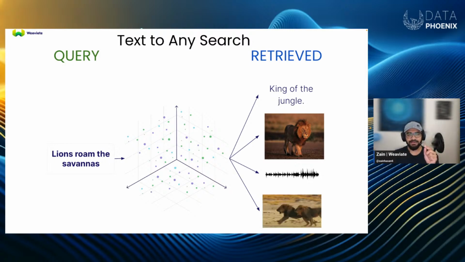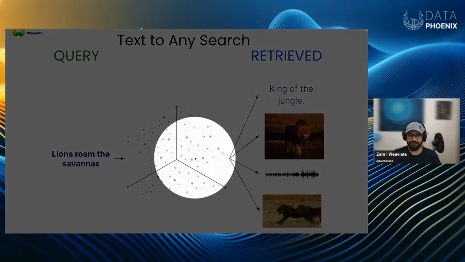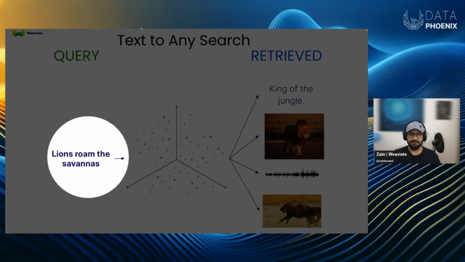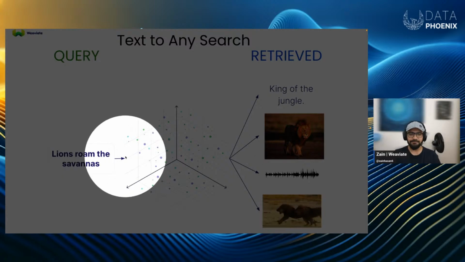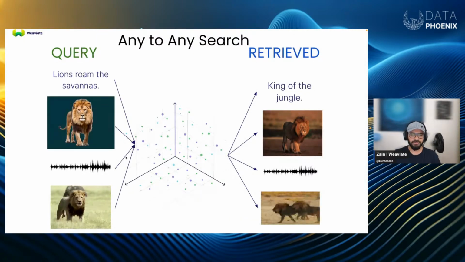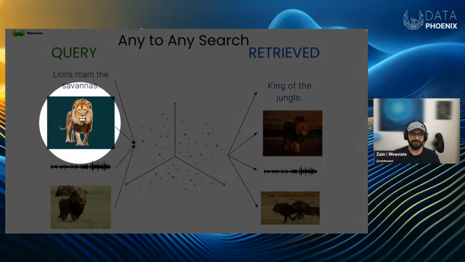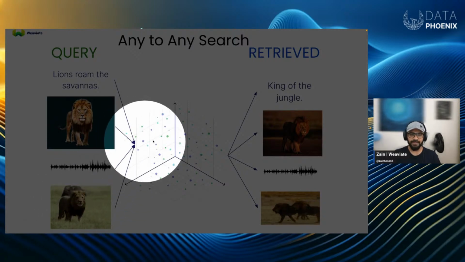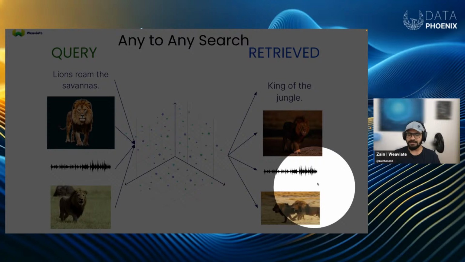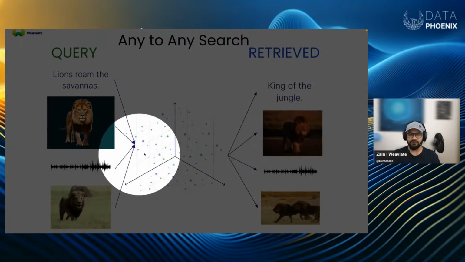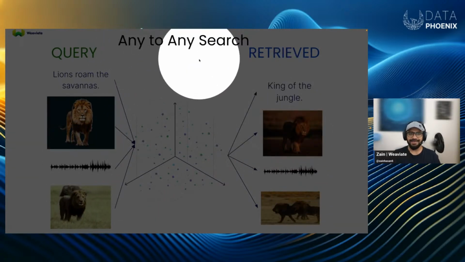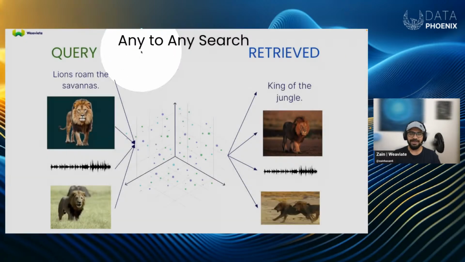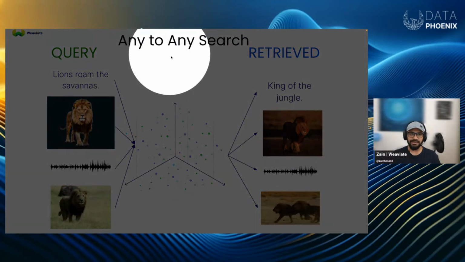But not only that, because this model can understand any type of media, you can typically pass in any type of file as input as well, right? So you could say my query is this image or this audio or this video, and you can use the video as a query, and you can get out anything that's semantically related to that input query as well, right? So this is known as any to any search because you can pass in any modality as input, and you can get out any modality as an output as well.